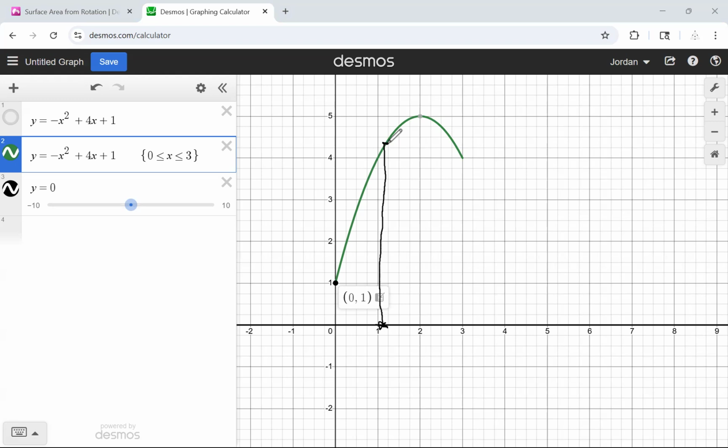So from the curve down to the line I'm rotating it around will be my radius. I'm rotating it around the line y equals 0, that is the x-axis. So that's how I set up my surface area.